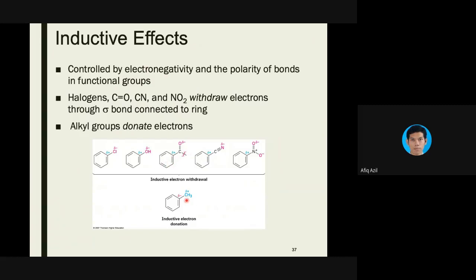But if you have an alkyl group bonded to the benzene ring, it will donate. Between these two carbons, the carbon on the benzene ring is more electronegative, so it will pull electrons from the alkyl towards itself, towards the benzene ring. So this is considered inductive electron donation.